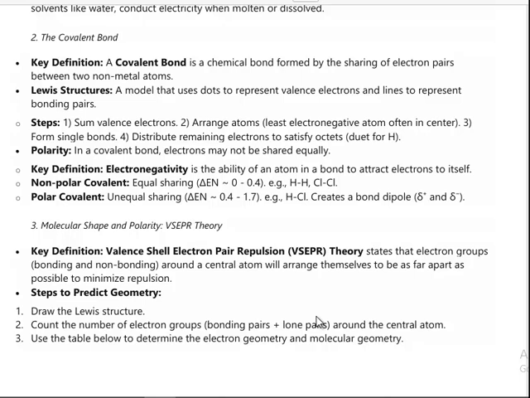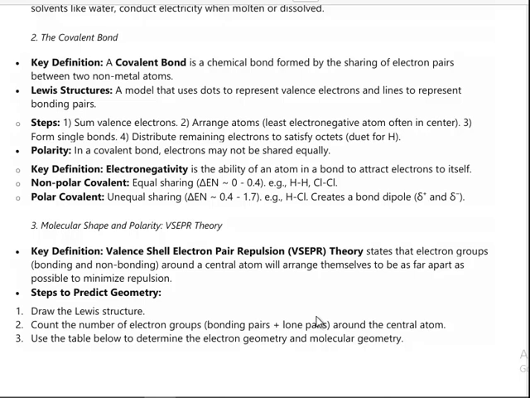Now let me move on. A covalent bond can be polar or non-polar. Remember that a covalent bond has to do with sharing of electron pairs between two non-metal atoms.